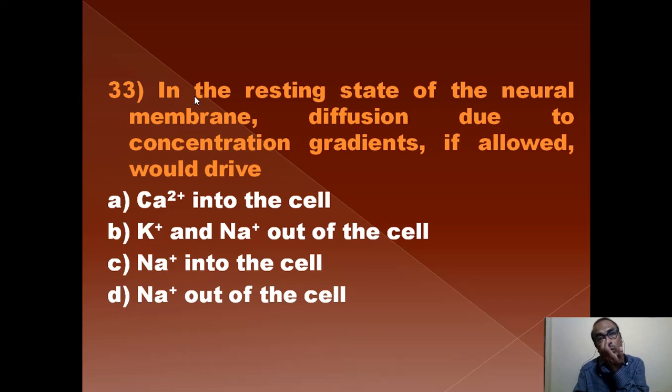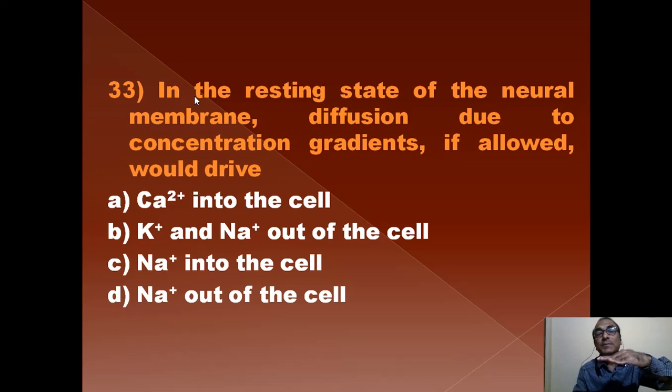We know that already in the resting potential, the sodium ions are outside the membrane of the axon or outside the neural membrane. And there are more sodium ions outside, and inside very few sodium ions.